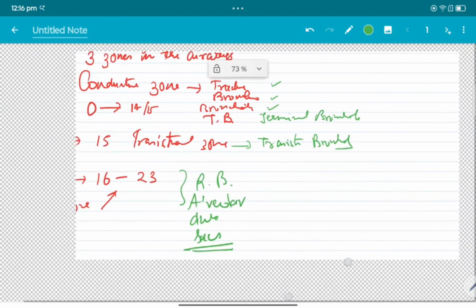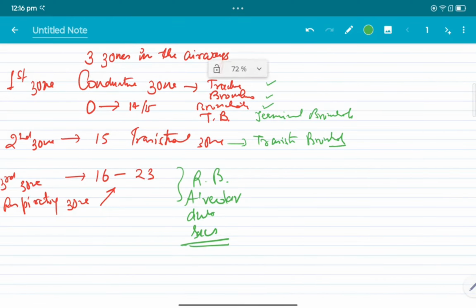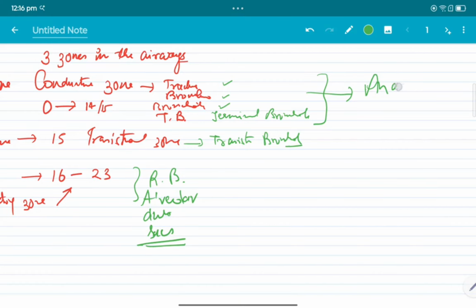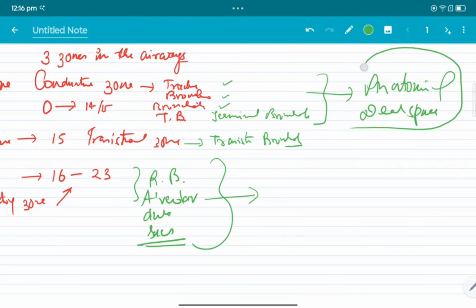The conducting zone does not take part in respiration, and it contributes to the anatomical dead space. Maximum volume is in the respiratory zone. The anatomical dead space volume is approximately 150 ml.